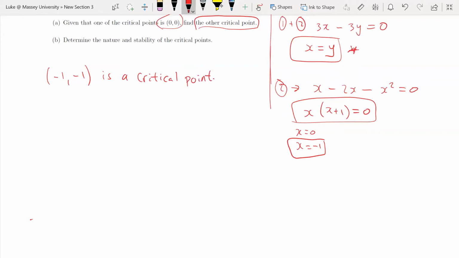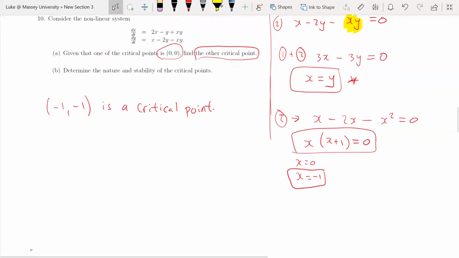Great. So now that we've done that, we have to determine the nature and stability of these critical points. So what I need to do is calculate the Jacobian of our system. If I look at my first equation here, and I take the partial derivative of that equation with respect to x, I get 2 plus y.